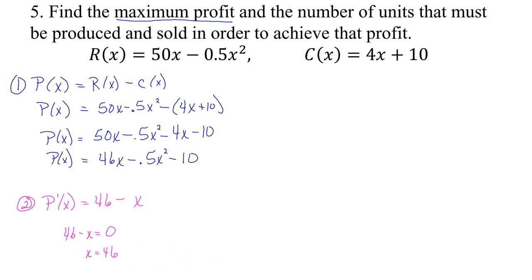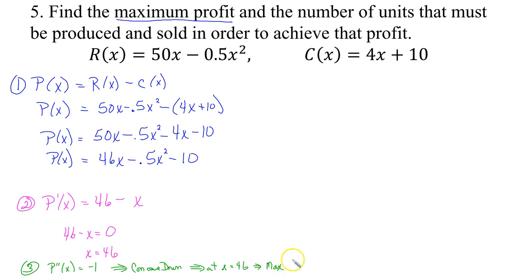Just to confirm that this does indeed give me that maximum that I want, the second derivative of this function is -1, and that means that it is concave down, and so we're just confirming that second derivative case, which means that at x is equal to 46, we will get that maximum that we're looking for. So it does turn out it's actually an absolute maximum, but you can call it either one. That's not the point here.